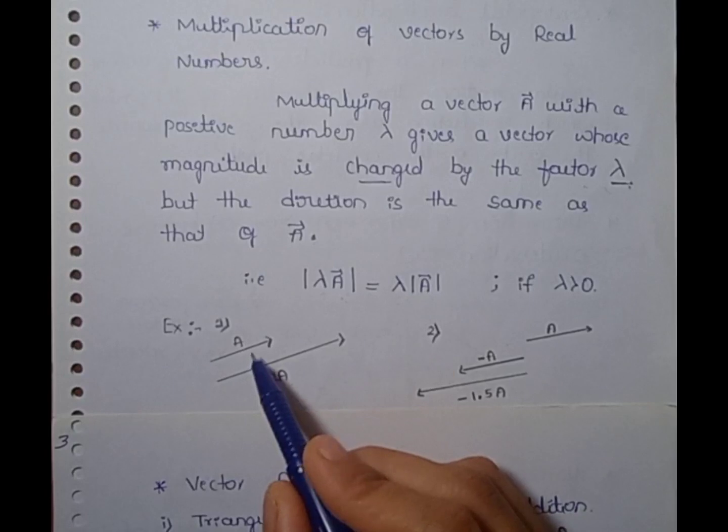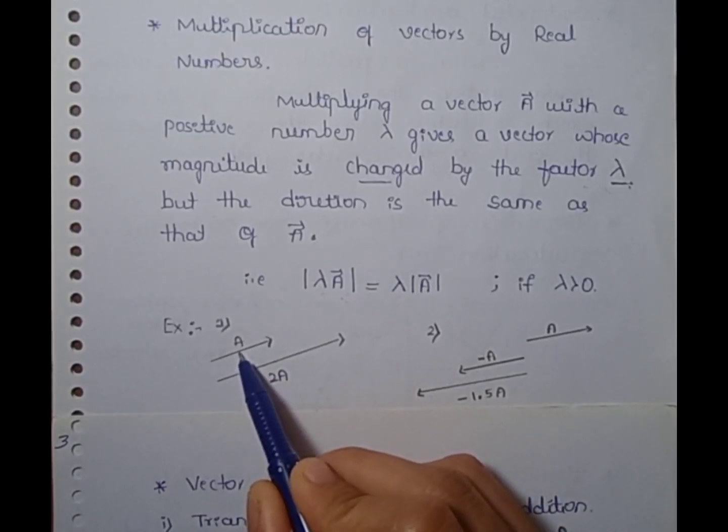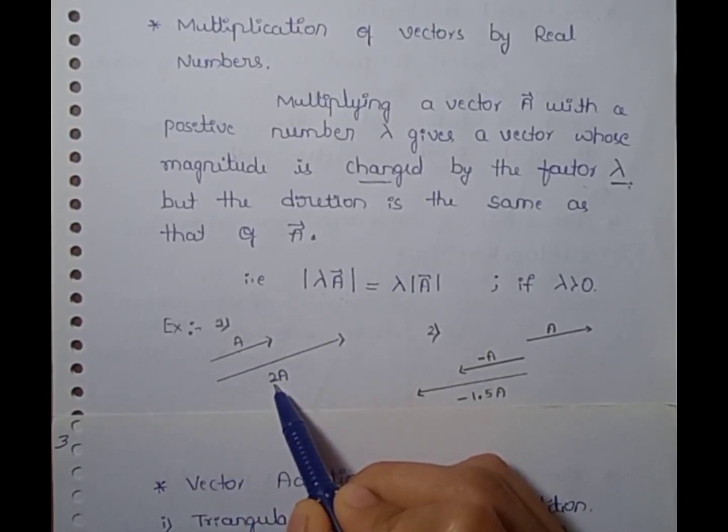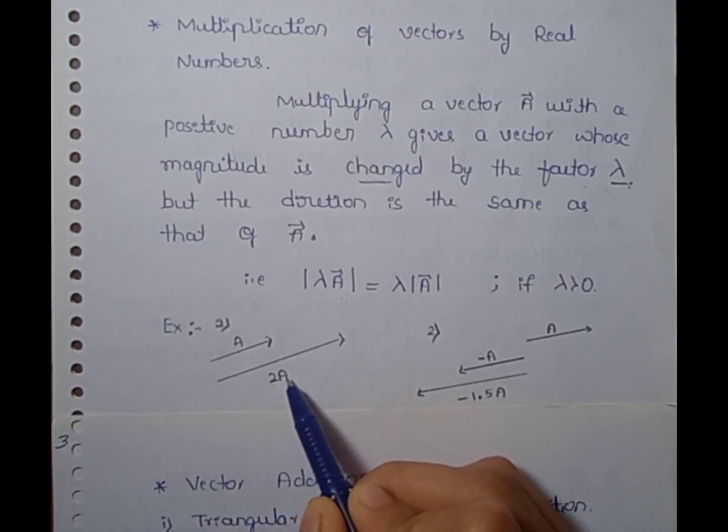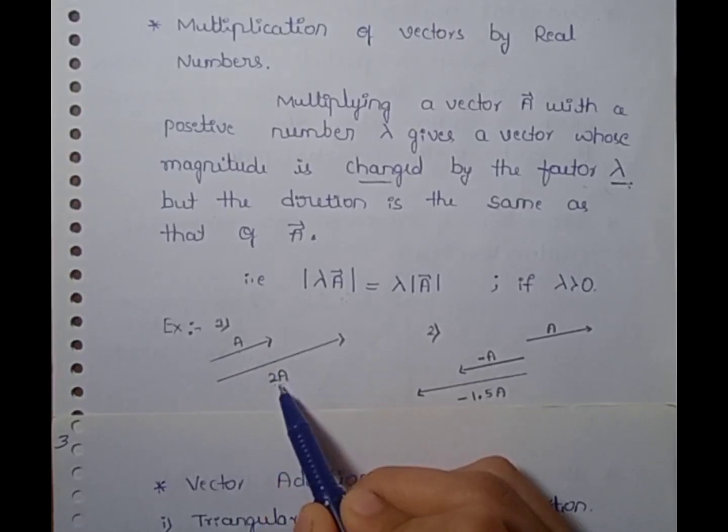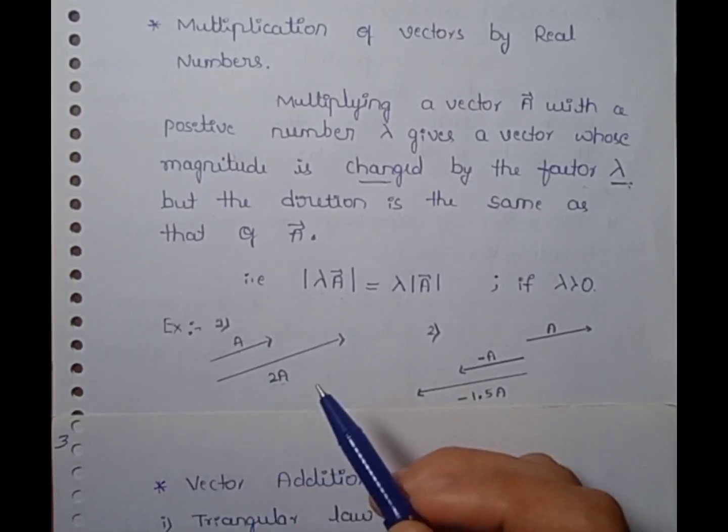First example, if vector A is multiplied by 2, we get 2A, which has the same direction and a magnitude twice that of vector A.